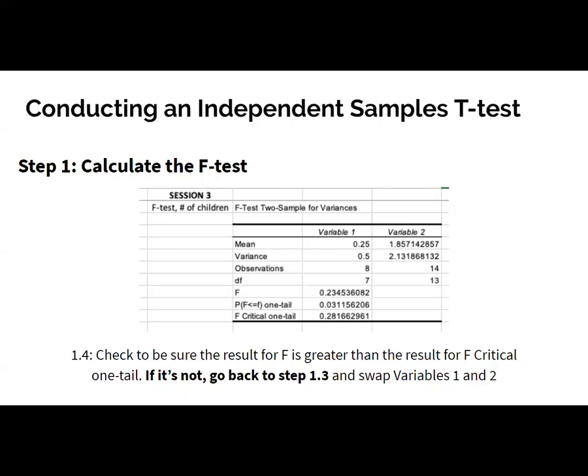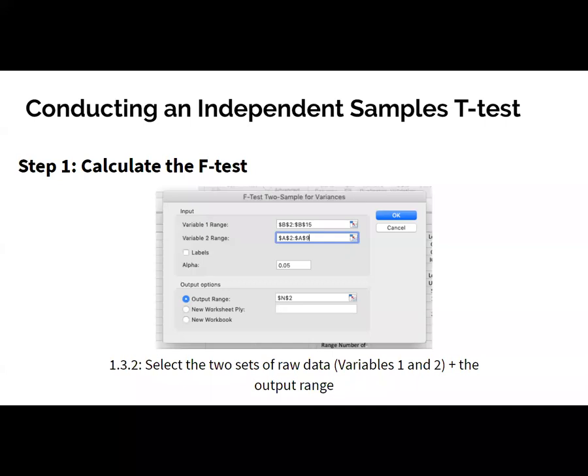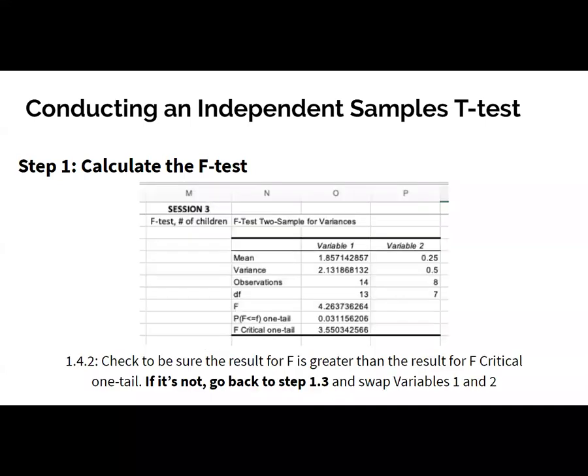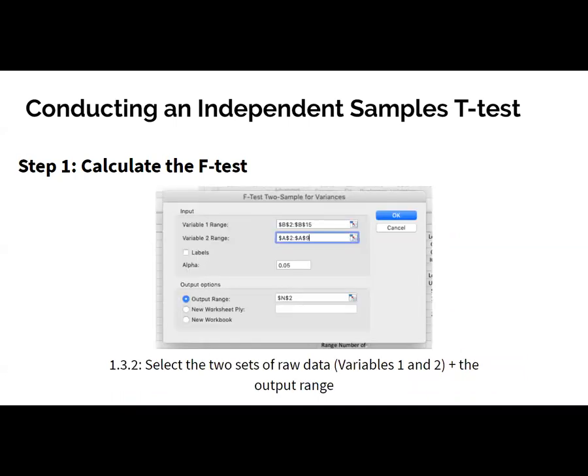I know that there's a statistically sound reason for why that happens and why you need to do it, but it's not worth going into. It's not even worth knowing, to be honest with you, in my opinion. More importantly, make sure that if F is smaller than the F critical, you need to flip it.